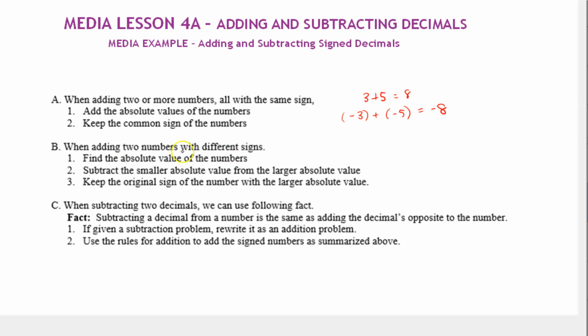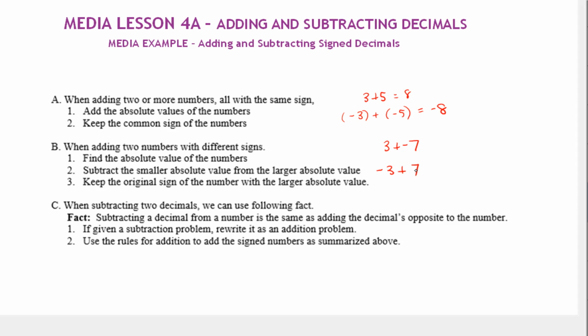Now, if the numbers have different signs, we're going to subtract the numbers, subtract the smaller absolute value from the larger, and keep the sign of the number with the larger absolute value. So let's look at this. If we had, say, 3 plus negative 7, and then we'll also look at negative 3 plus positive 7.